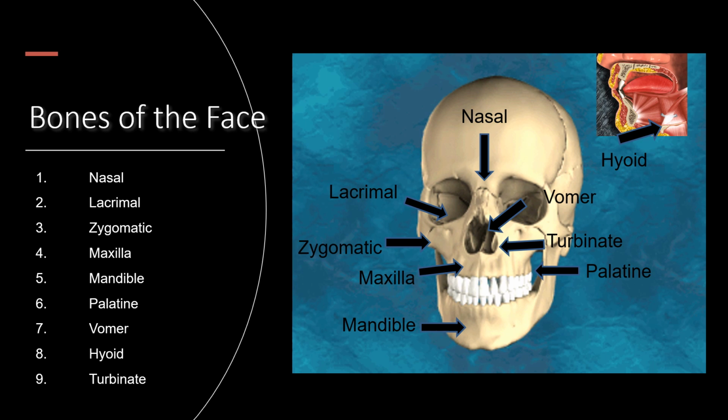The nasal bone is the bone at the top of the nose. So it's not the fleshy bit with the cartilage on it. It's the actual bone at the top of the nose. The vomer is the piece of bone that you can just see there dividing the nose into two nasal cavities, and that's where the septum cartilage attaches to the vomer.